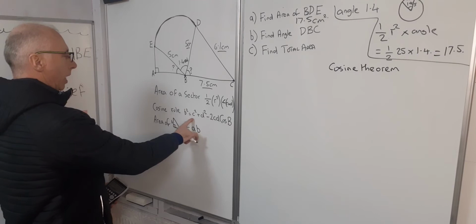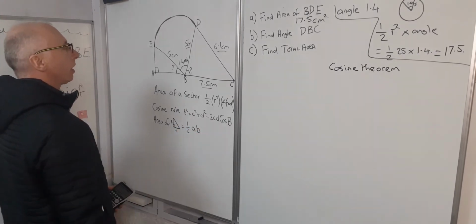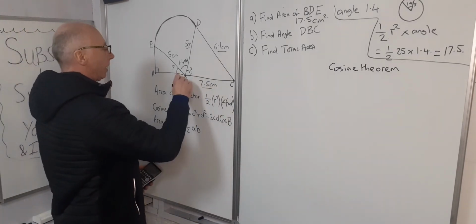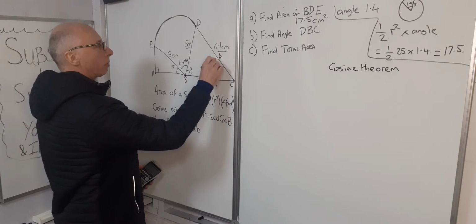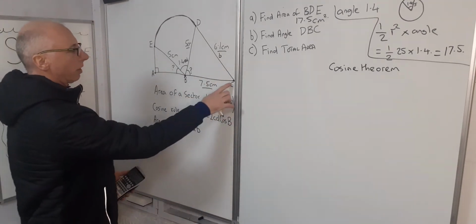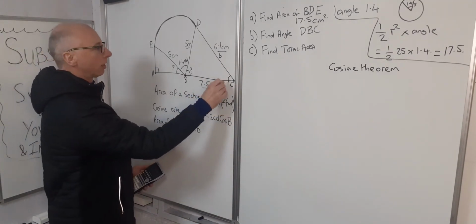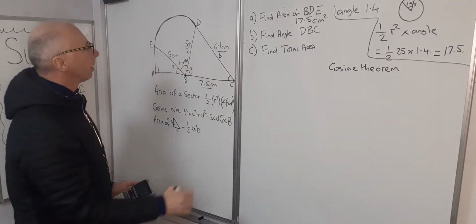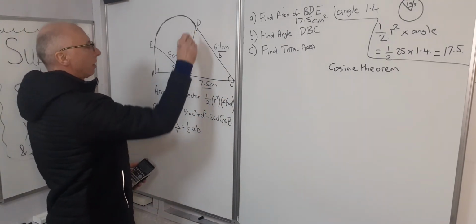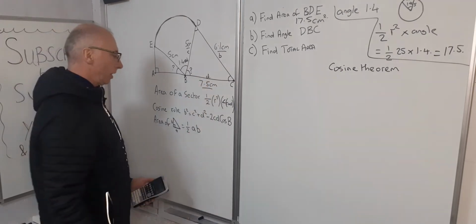So b squared equals c squared plus d squared. So this is angle B, so this will be lowercase b. This is angle C, so that's lowercase c. And this is angle D, so this will be a lowercase d.